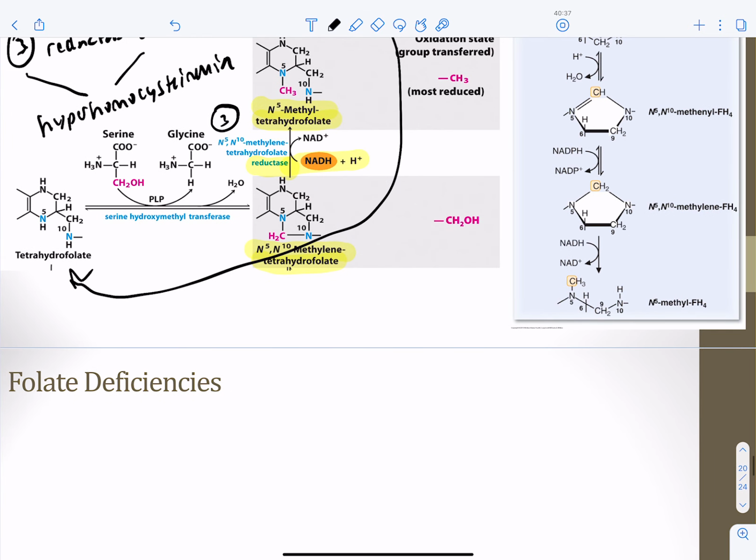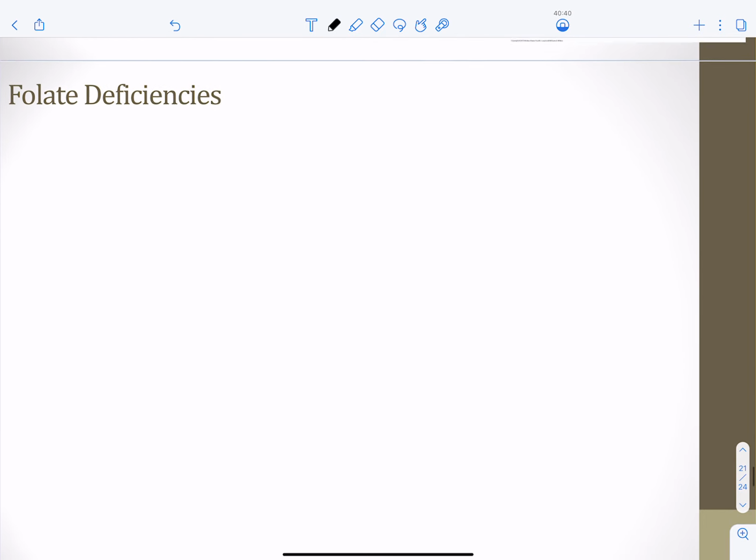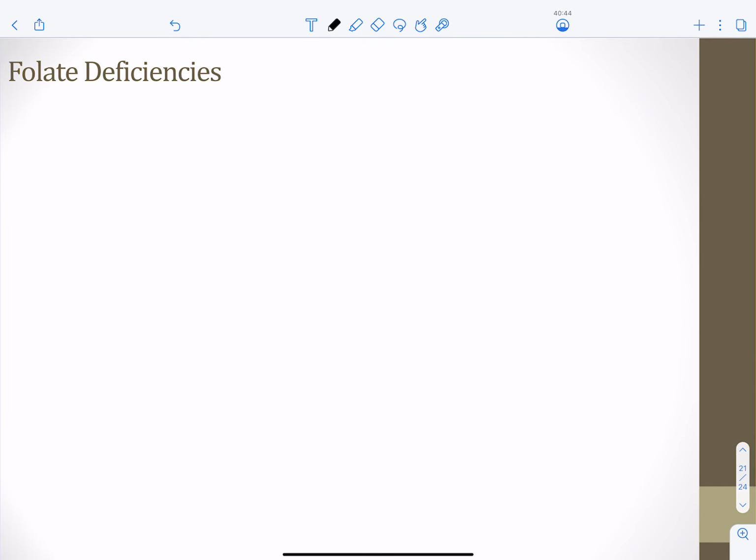Now, there also are folate deficiencies. So just very briefly, we have, again, those neural tube defects. Folate deficiencies are also going to lead to an increase in uracil incorporating into DNA.